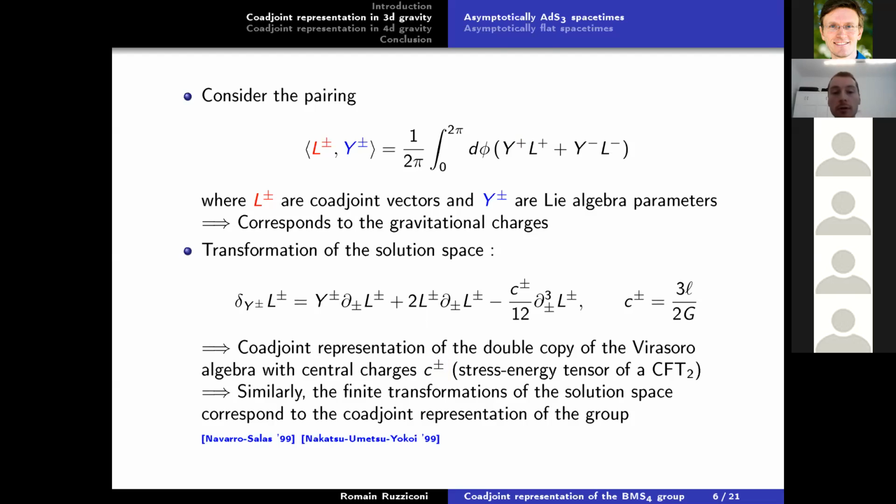So this result is in agreement with AdS/CFT, in the sense that we know that in a CFT, the stress energy tensor will transform in the coadjoint representation of the algebra. So you can show that when you look at the finite transformation of the solution space, they also precisely correspond to the coadjoint representation of the asymptotic symmetry group instead of the algebra.